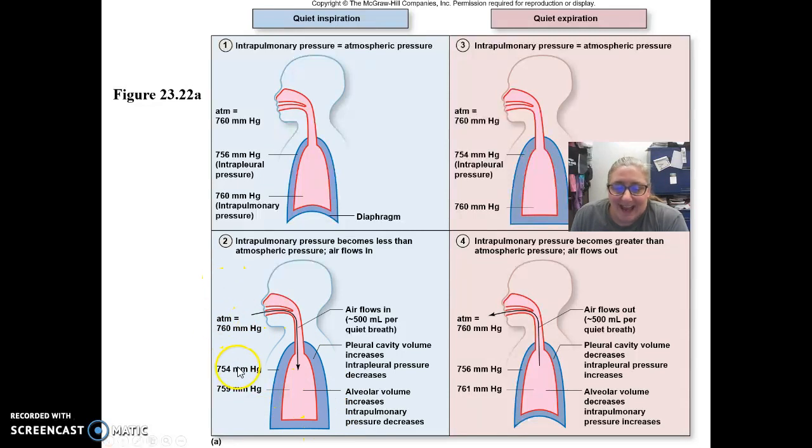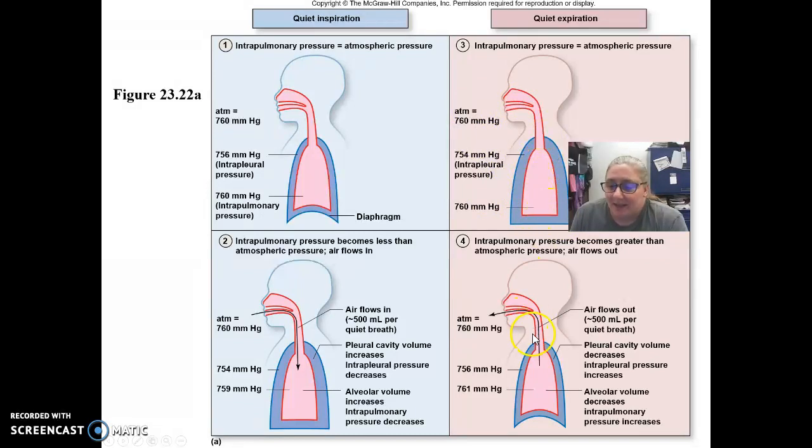When that happens, atmospheric pressure, which never changes, becomes higher than intrapulmonary pressure, and so air moves in. Then we're back to where atmospheric pressure and intrapulmonary pressure are equal, so air stops flowing.